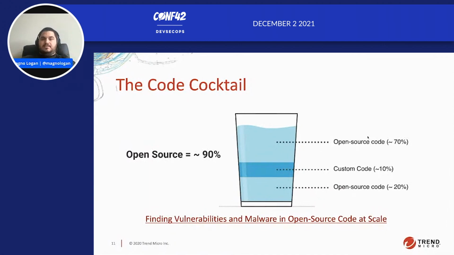There are many studies in the open source security space on how much open source is part of my code. Some studies show that between 70 and 90% of your code is made of open source, from libraries, frameworks, and everything. So about 10 to 30% is the custom code that your developers make.